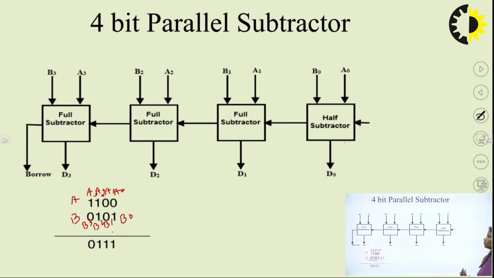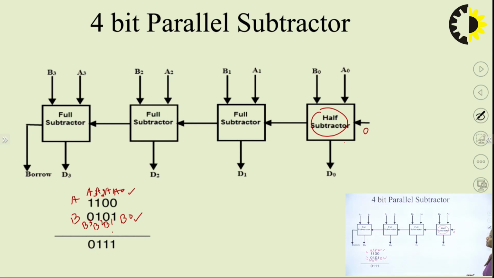So how will we do it? Initially there is no borrow. When the bits A0 and B0 are concerned, there is no borrow at all. So we can take one half subtractor in the first block, and if I want, I can put a full subtractor also, making the input borrow 0.